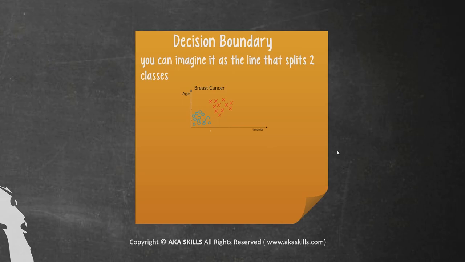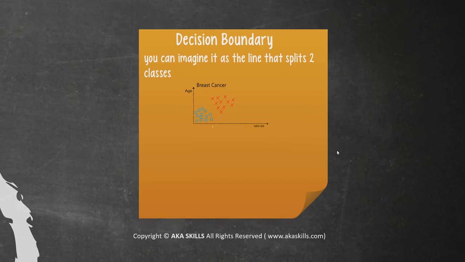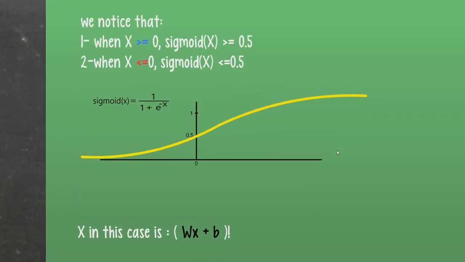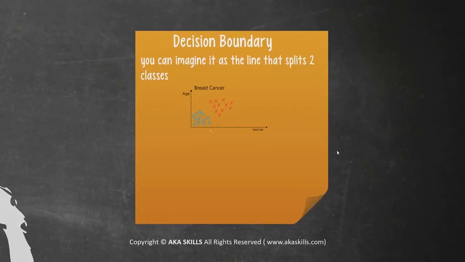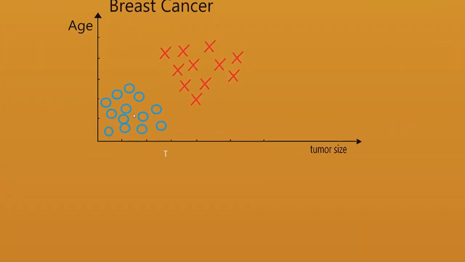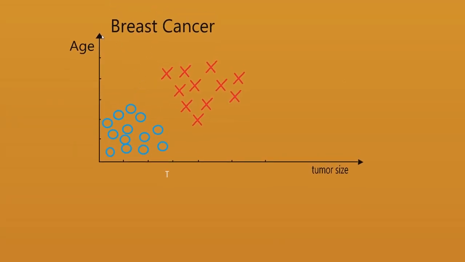So let's talk about the decision boundary, keeping in mind what we just learned, because it has to do with the decision boundary. You can imagine the decision boundary as the line that splits two classes. For example, we have here the breast cancer example.